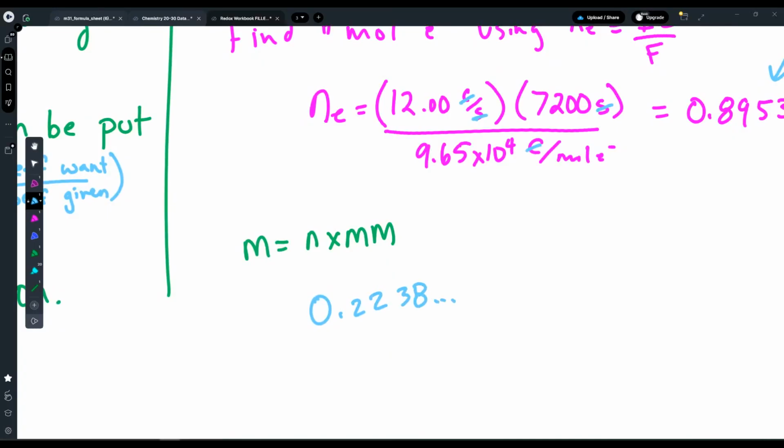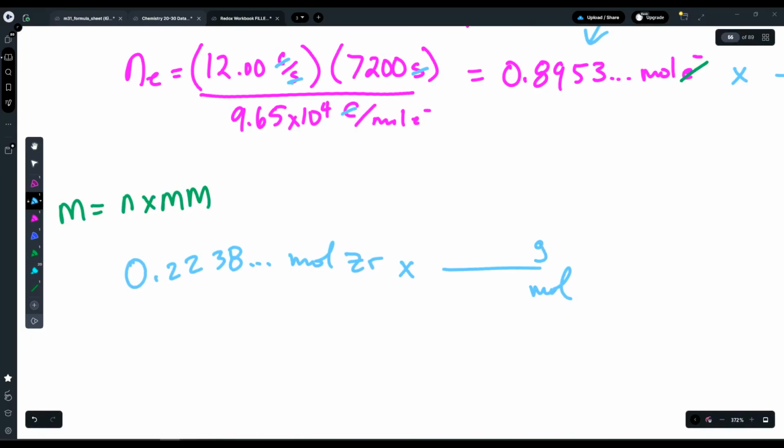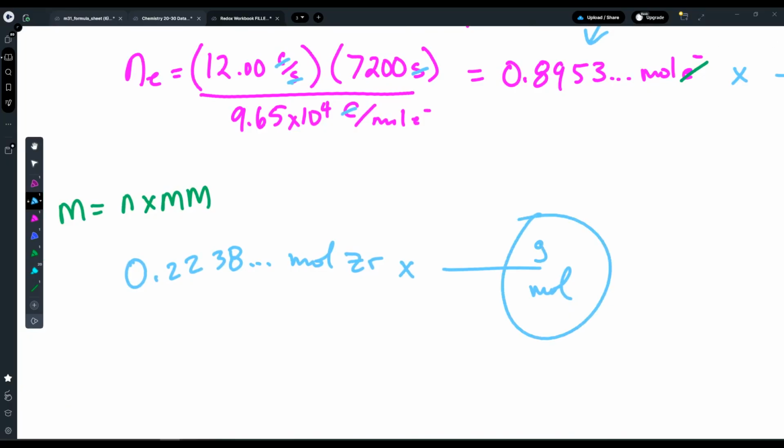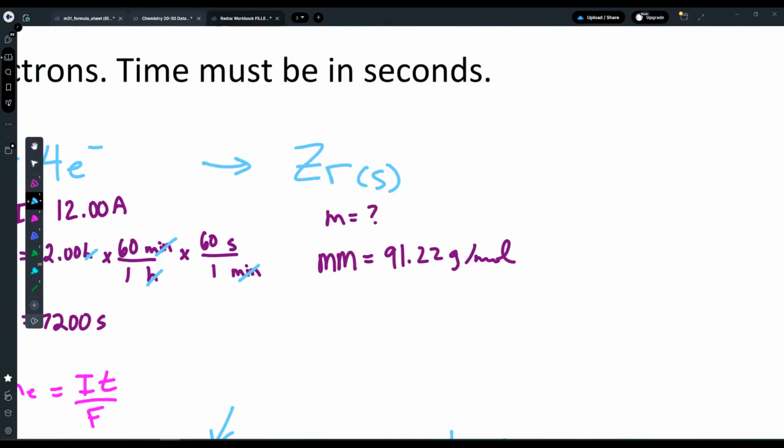So 0.2238, goes on forever, moles of zirconium. We know we want to cancel out moles and we want to get to grams. So I'm going to go times by fraction slide. Moles is in the top, so I'm going to put moles in the bottom. And I want to be left with grams, so I put that on top. So grams per mole, what has the unit of that? Molar mass. And look, we already have it because we organized our information. So 91.22 grams per 1 mole.